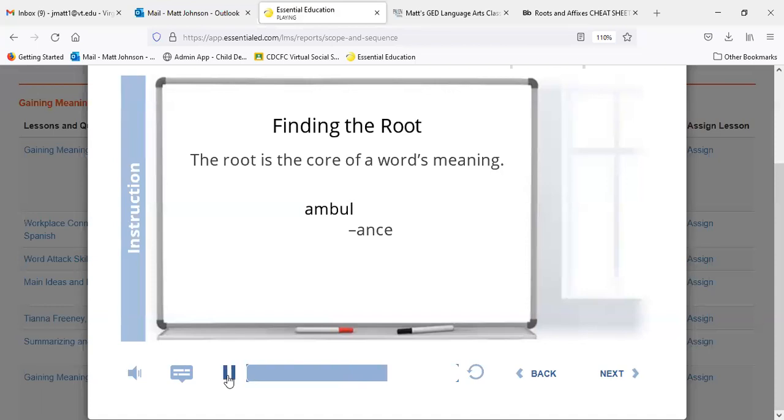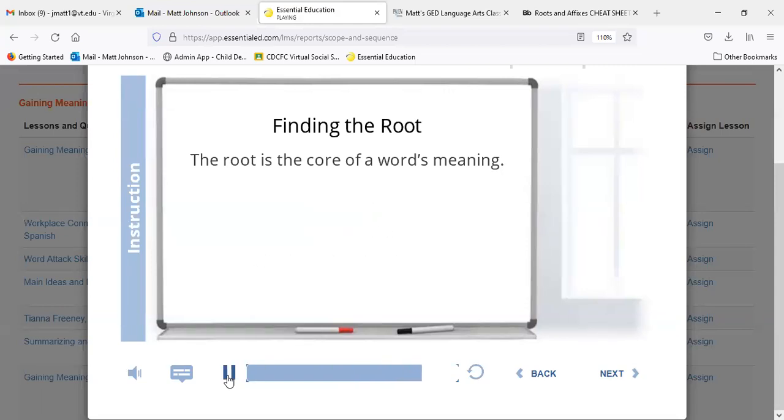That leaves me with the root amble. Step 4. I can't really tell if the root spelling has been changed. The root amble isn't a standalone word that I recognize. It's still the root of ambulance, but it isn't a word in modern English. Sometimes roots are words, sometimes they aren't. The root ambule, in case you're interested, is related to the modern word amble, which means to walk.